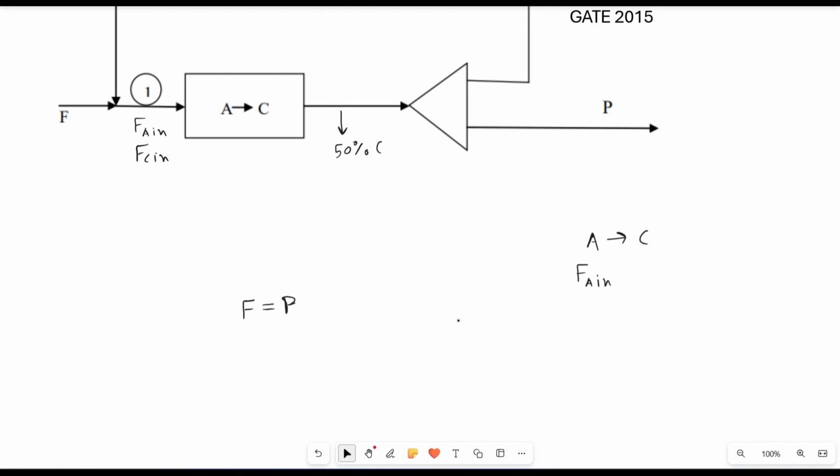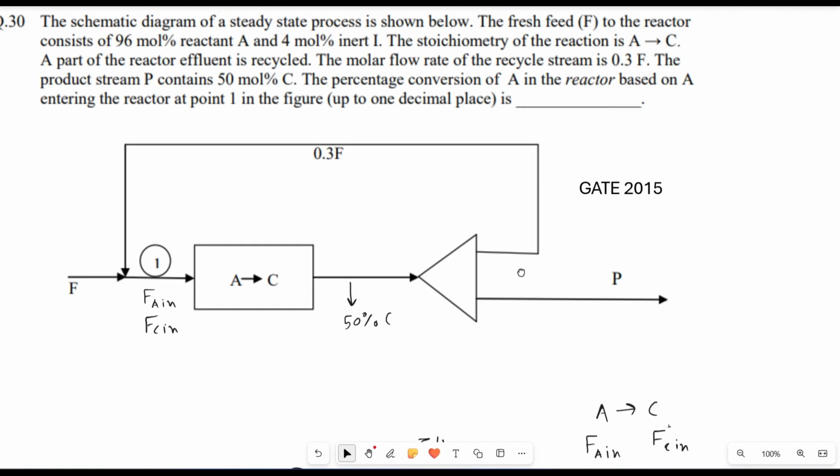Now the inlet of the reactor will have FC in, because there will be some part C which is recycled to the reactor.